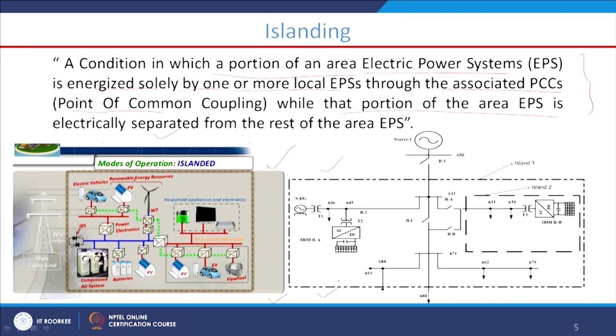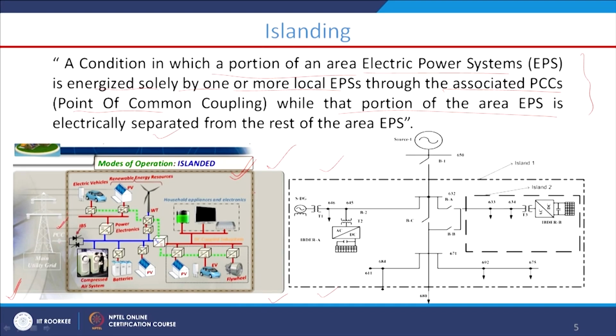In simple words, if you see the left side figure, this is our main grid, and this particular system is our microgrid. This main grid and microgrid are connected together through the PCC, that is the point of common coupling.